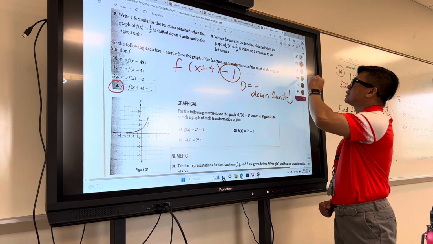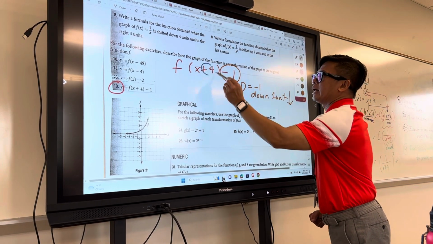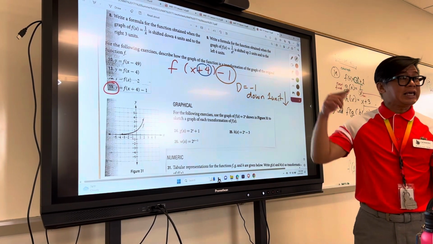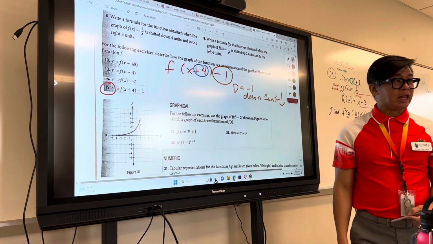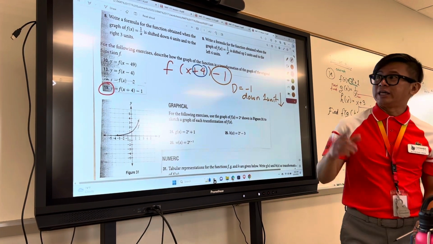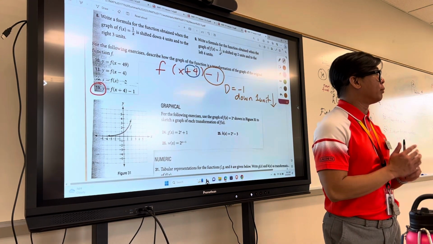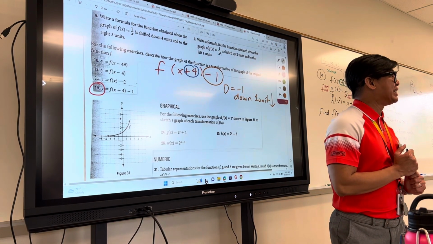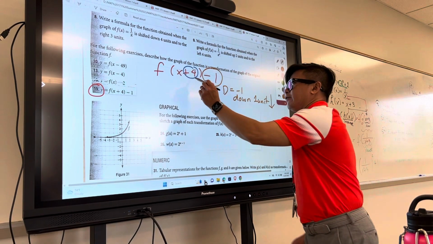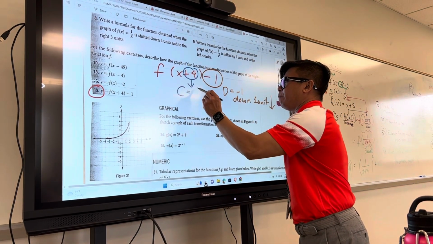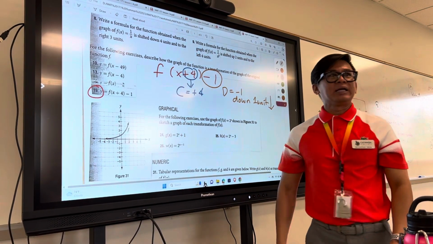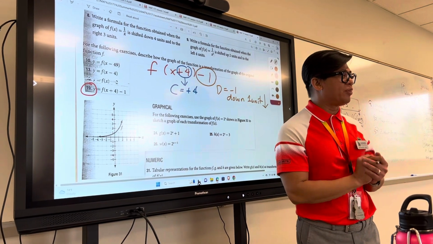Now, in this case, we also have a plus 4 inside the function itself, the function f of x, right? So that plus 4, is it the A, the B, or the C corresponding from our graphic organizer? It's C. Very good. That is correct. So if this is your C being equal to positive 4, then what kind of movement will that be?